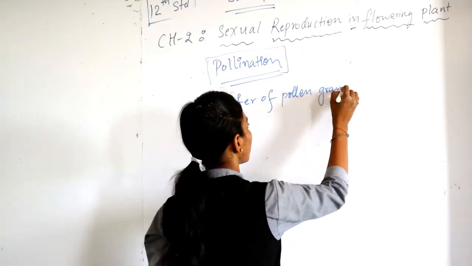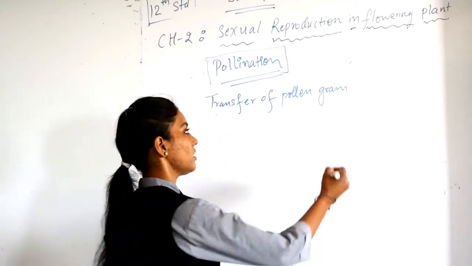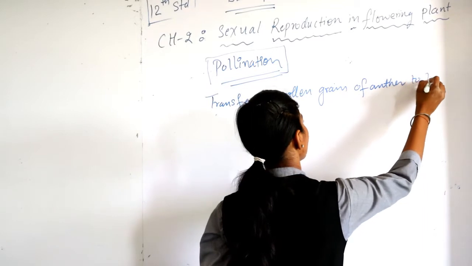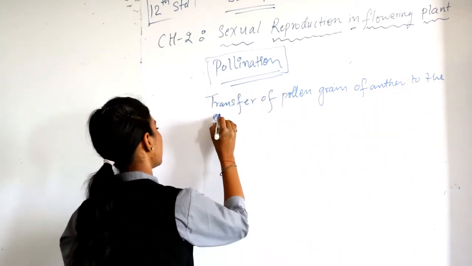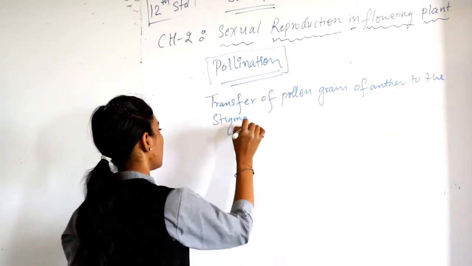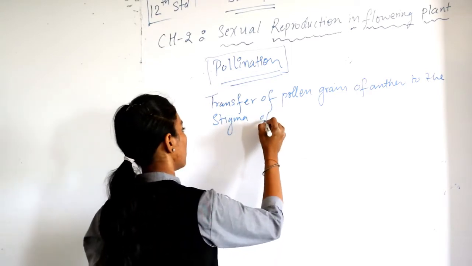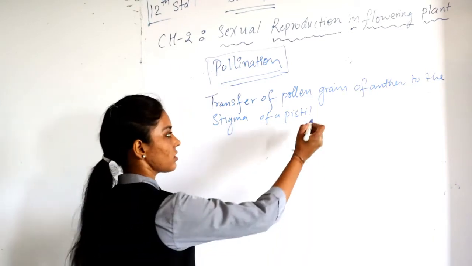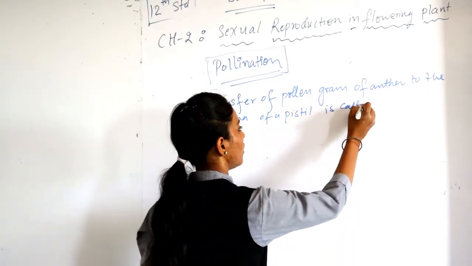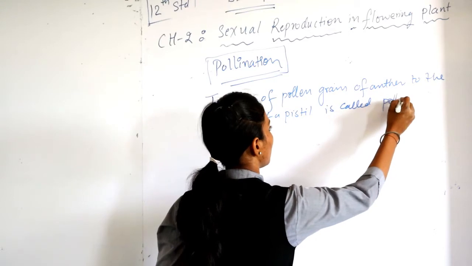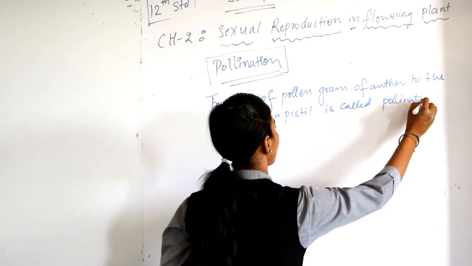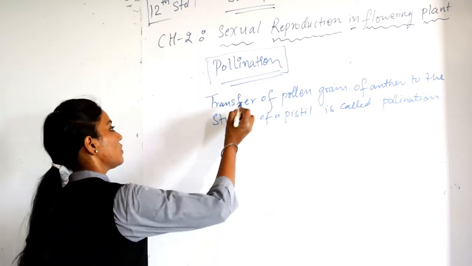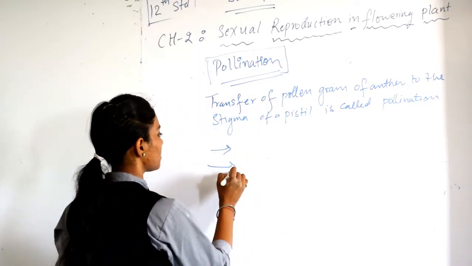Transfer of pollen grain of anther to the stigma of a flower or of a pistil, that is the female part of a flower, is called what? Is called pollination.